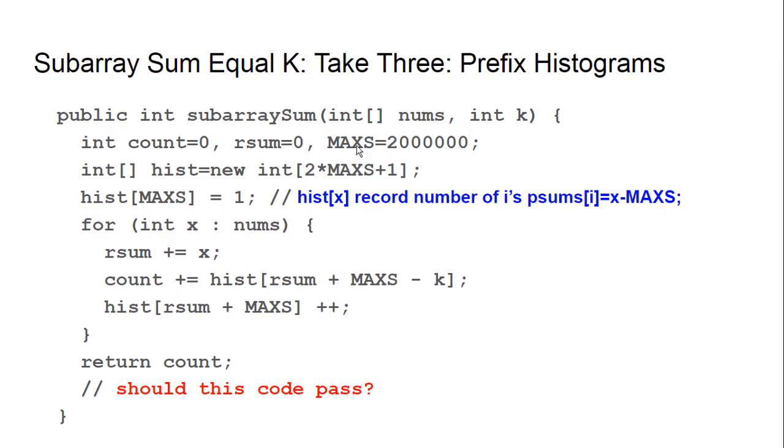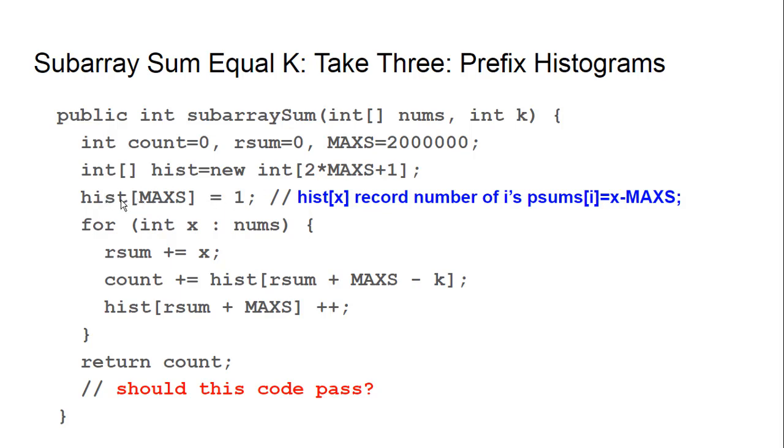Here I set the maximum sum at 2 million. So the array size will be 2 times that plus 1, because we are representing from negative max s to positive max s the histogram for each one of them.